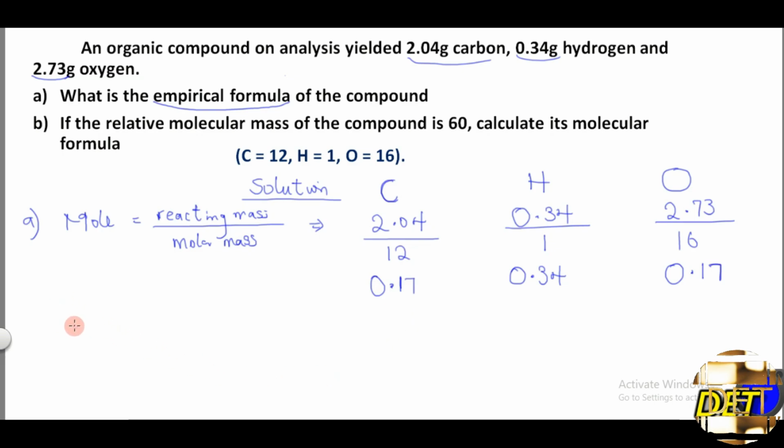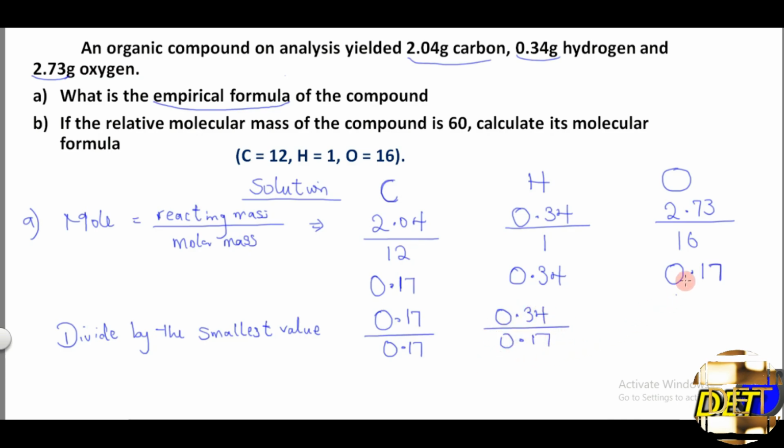So if we divide by the smallest value, carbon will be 0.17 divided by 0.17, hydrogen will be 0.34 divided by 0.17, and oxygen will be 0.17 divided by 0.17.